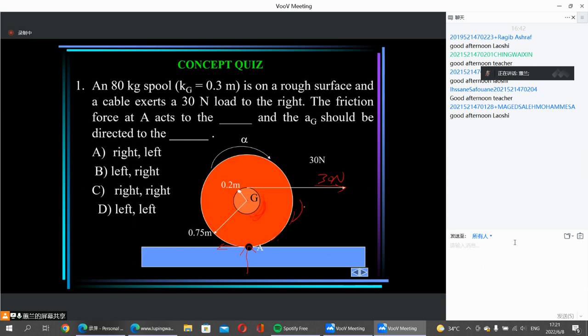The spool will rotate clockwise, right? Under the action of the 30 Newton, we don't consider the friction force. So if it's slipping, that means the friction force should be to the right.